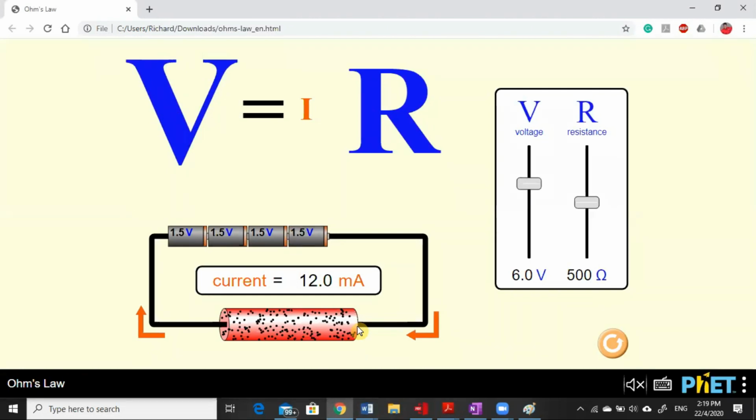Some of the electrons are going to slow down by colliding with these particles inside here. But if I'm increasing my voltage, I'm going to have excess electrons flowing from the battery source, which is going to be able to pass all of these collisions taking place within the conductor.